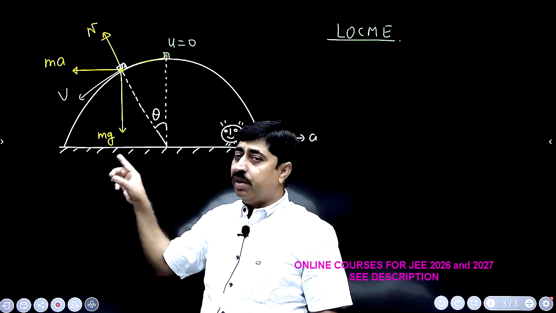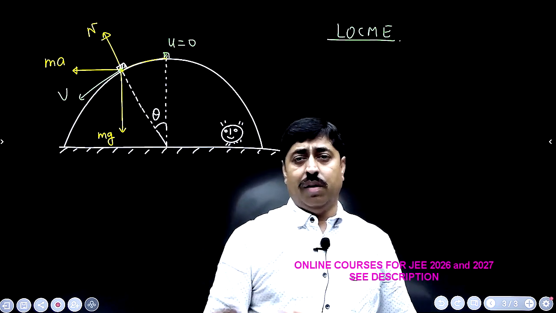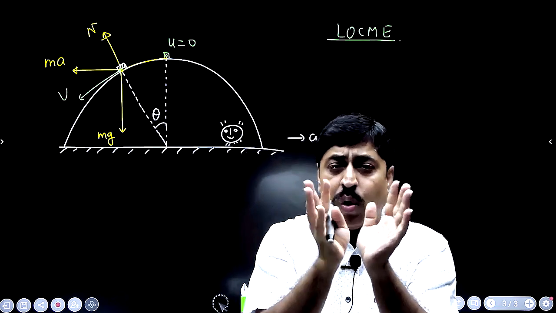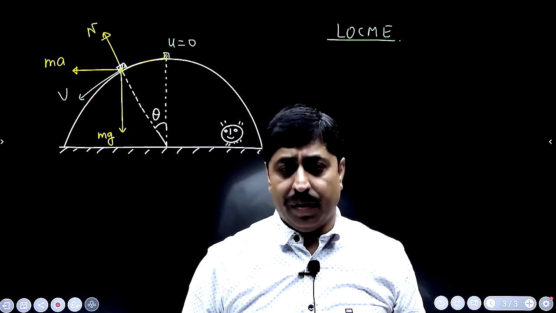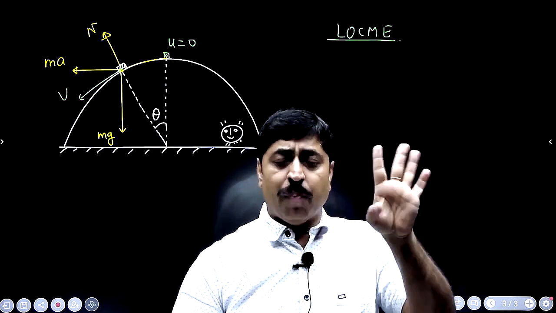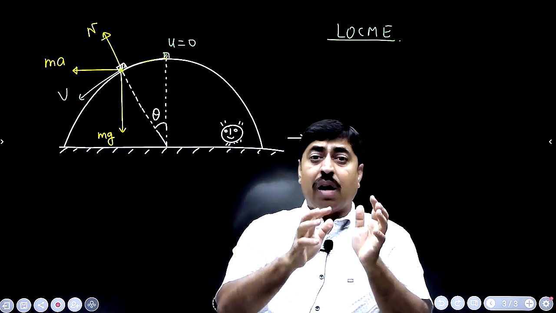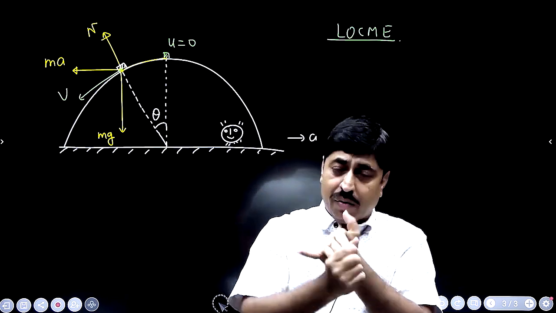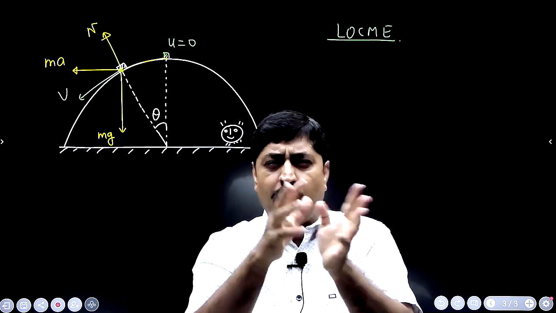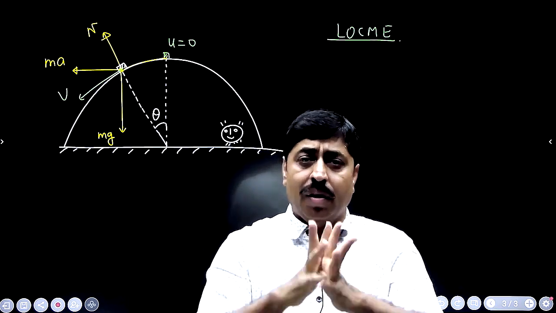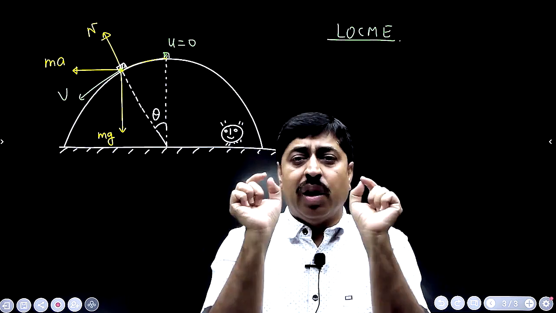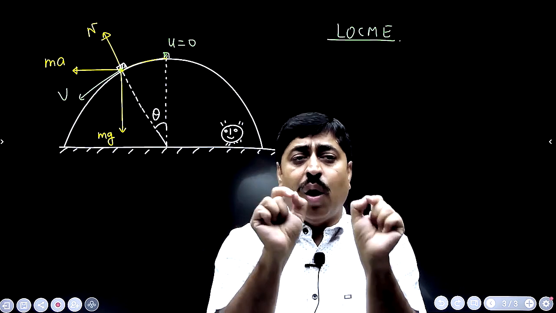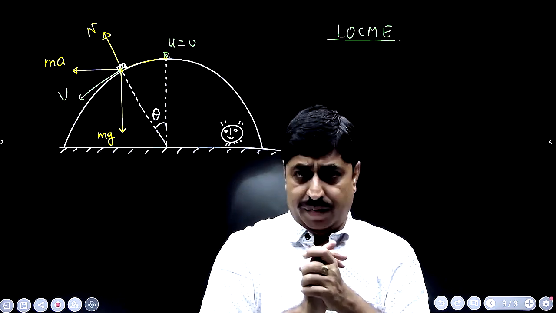Then you are left with Mg. Mg only performs work, and you know how to write potential energy for this force Mg, right? When work performing forces are forces like gravitational force, spring force, electrostatic force, you know how to write potential energy for them. In such cases, the law that you use is law of conservation of mechanical energy.